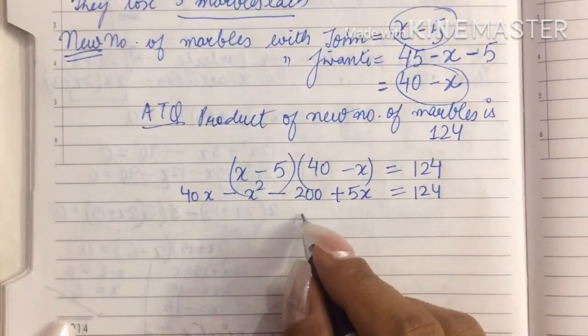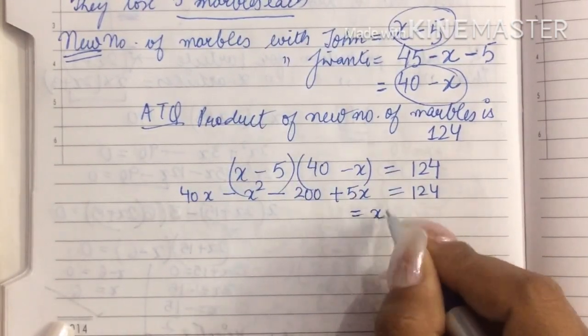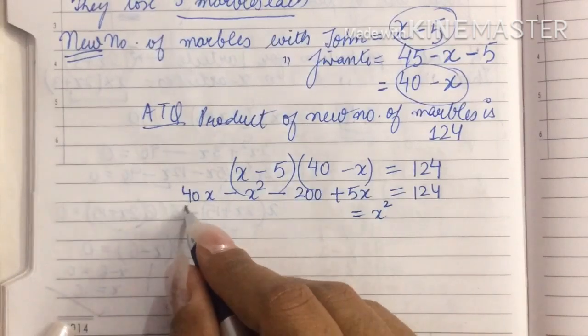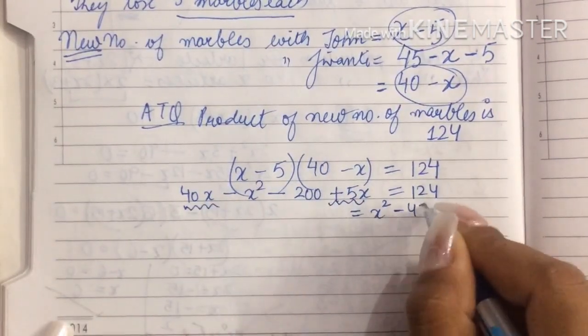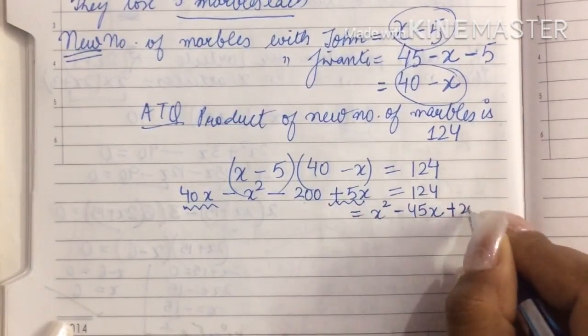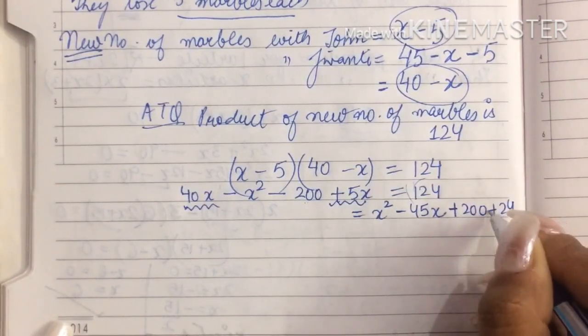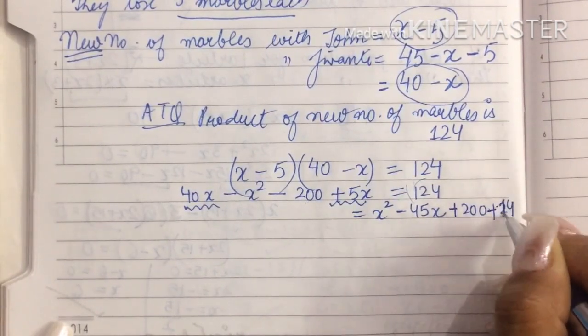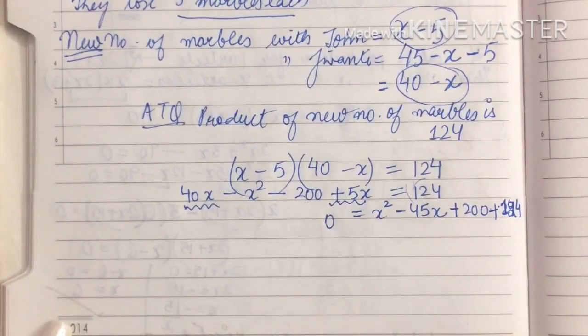Let's take all the terms to right hand side. So this will be positive x square, these two 45x, on right hand side will be minus 45x, this will be plus 200, 124 is already on right hand side, so this is on left hand side. I'm left with 0.